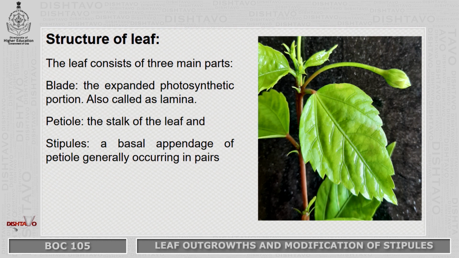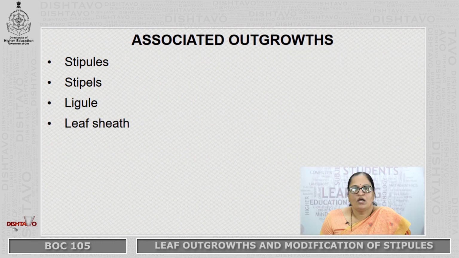The second one is the stalk onto which this lamina attaches itself, and it is called as the petiole. The third part of the leaf is called as the stipules. These are basal appendages which generally occur in pairs on either side of the petiole.